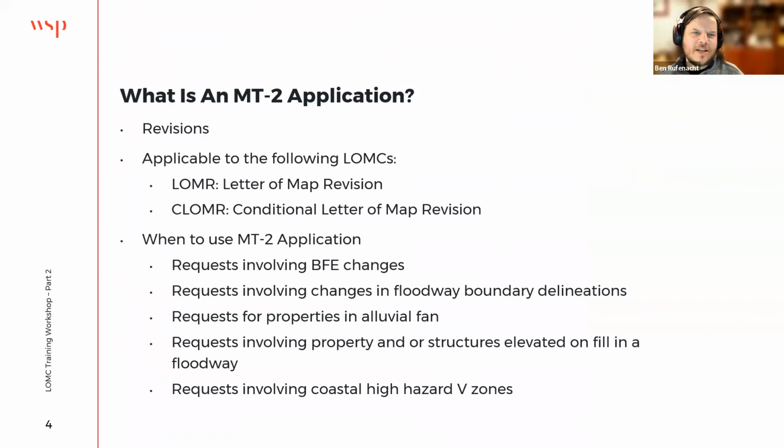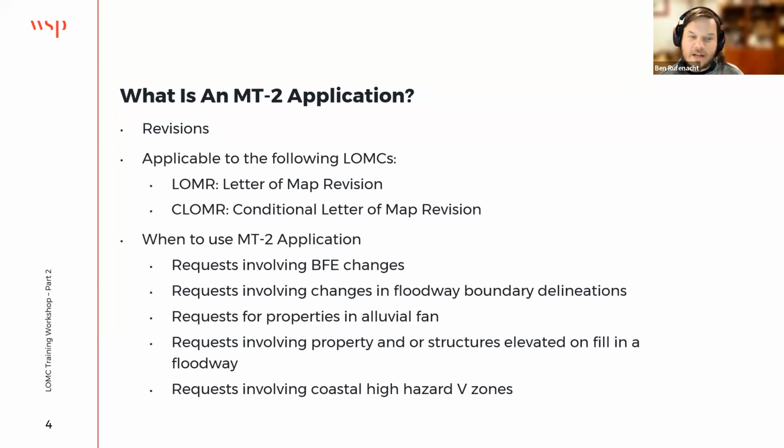All right, so what is an MT-2 application? This is actual revisions to the flood insurance rate maps when you're actually changing the floodplains or floodways. It's applicable to LOMRs, letters of map revision, and CLOMRs, conditional letters of map revision.